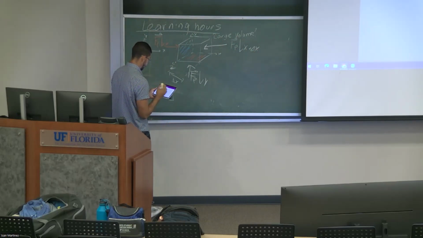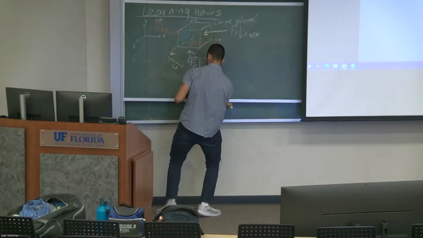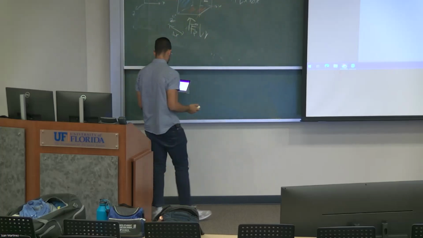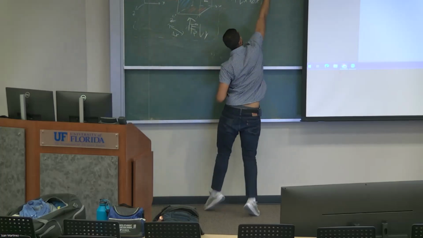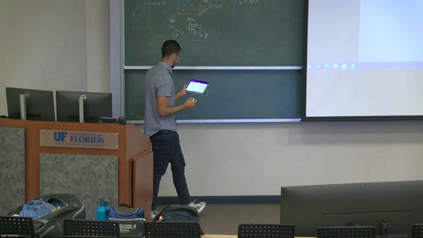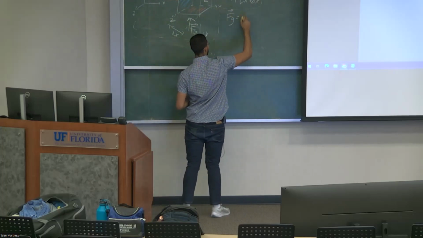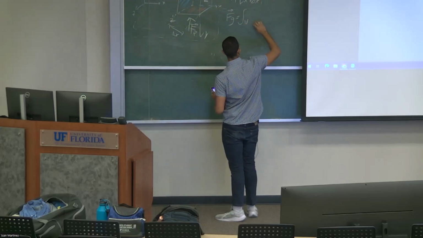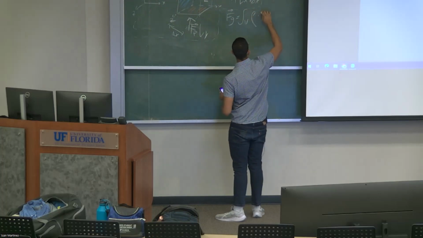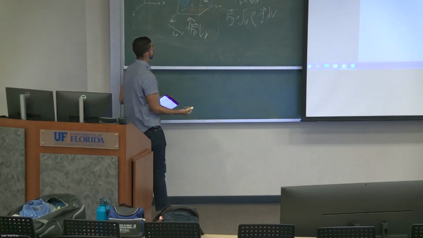Then we went over the force of gravity. The force of gravity is defined as the integral of the volume times rho, which is the density, times the gravity vector g.